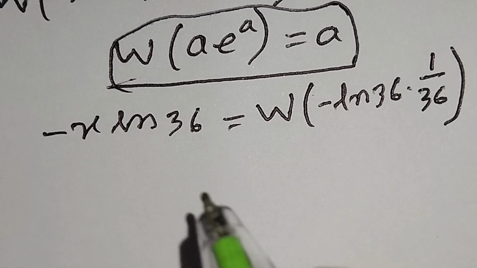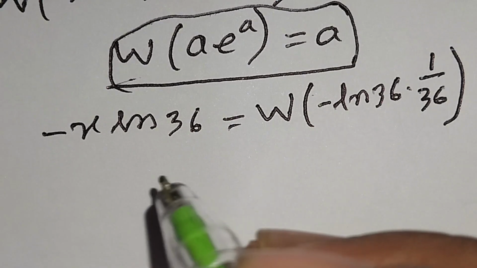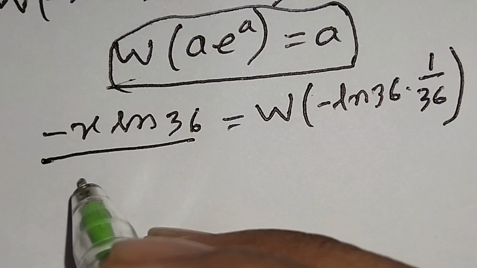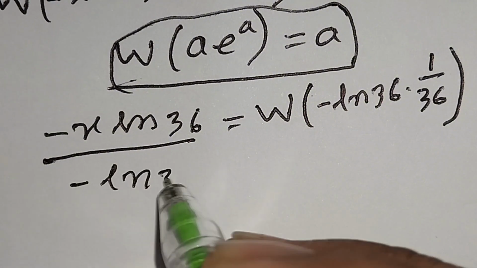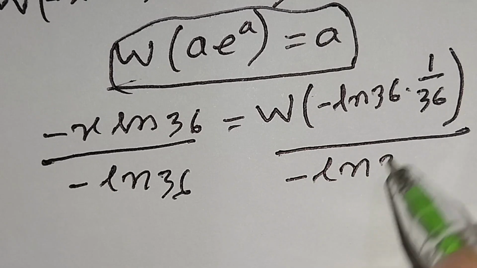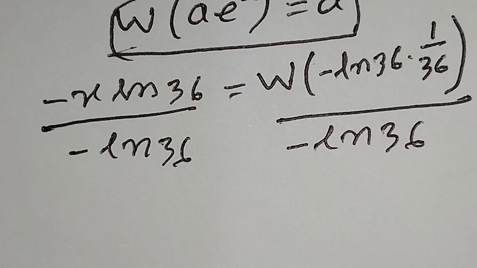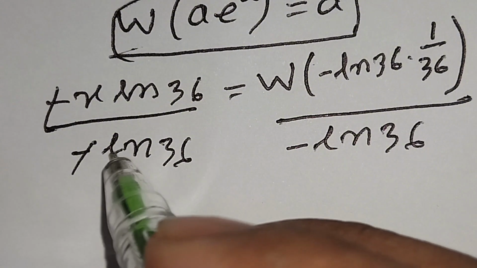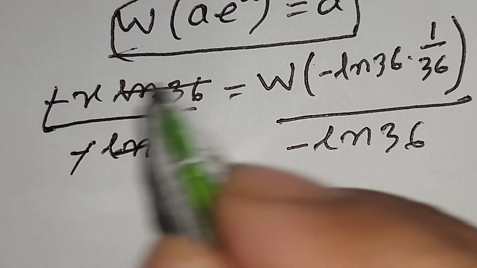Now we will divide both sides by negative ln 36. So we can write here negative ln 36, here negative ln 36. Here this minus and this minus cancel out, and this ln 36 and this ln 36 cancel out.